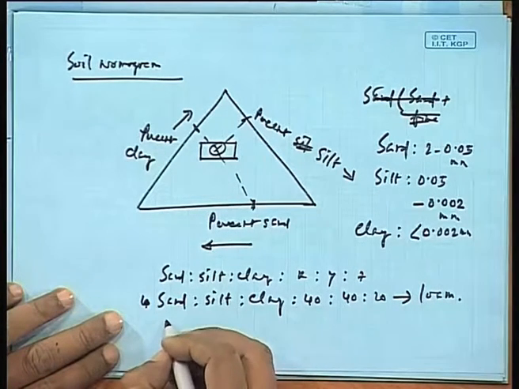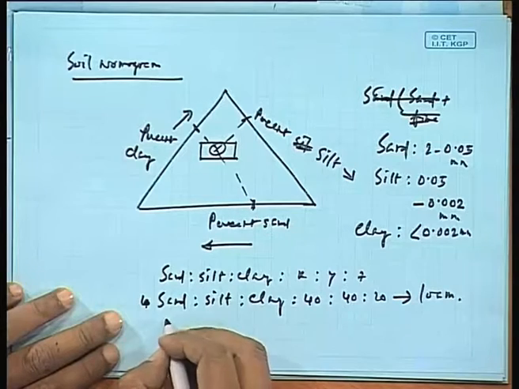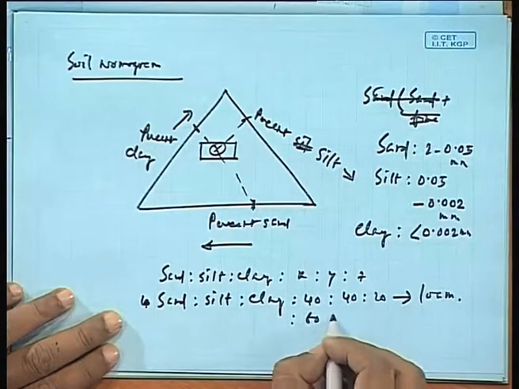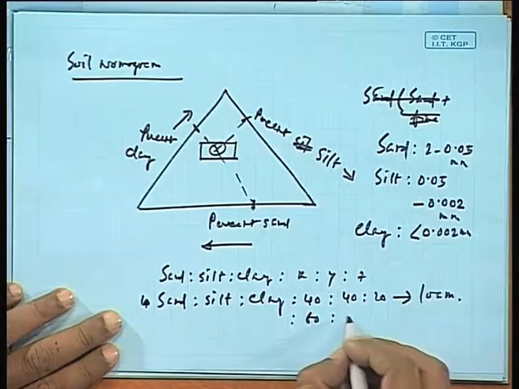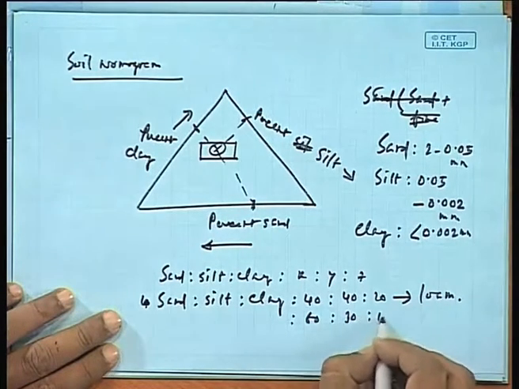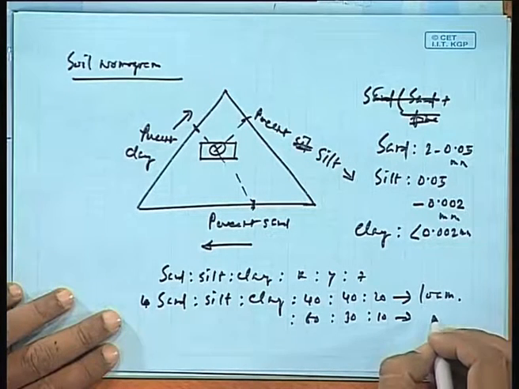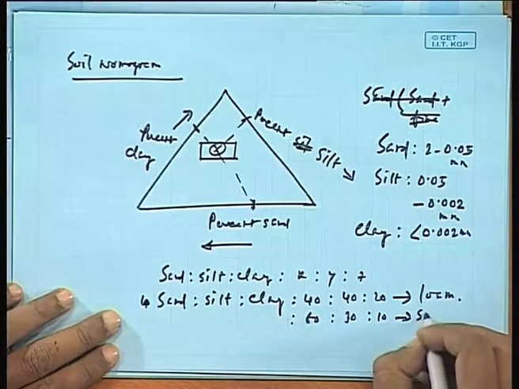Similarly, if it is 60%, 30% and 10%, it would be known as sandy loam.